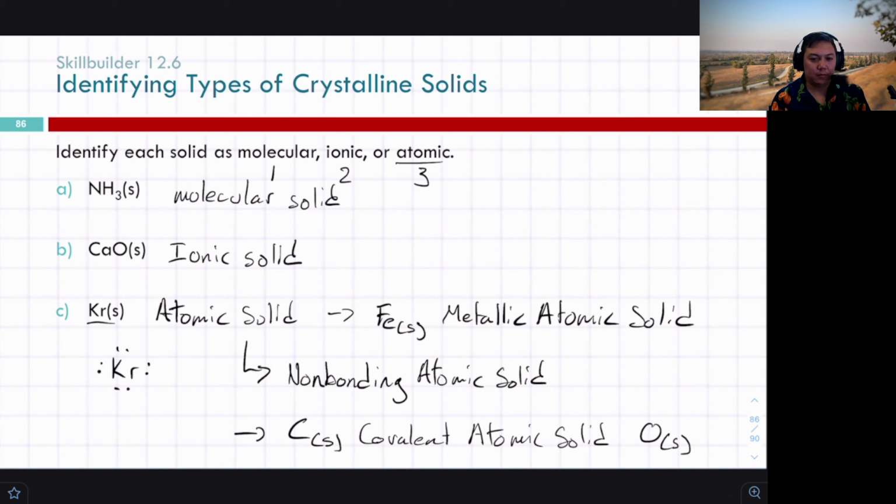So carbon, oxygen, sulfur, nitrogen, I think those would all be covalent atomic solids. But we're not going to go much deeper other than knowing what they are. Are there any other questions?